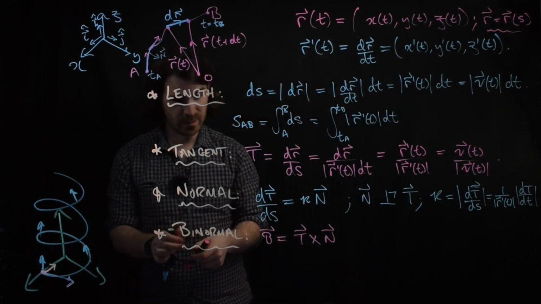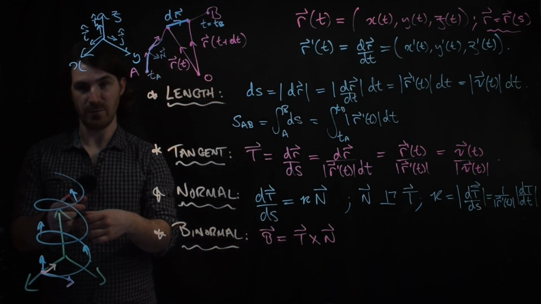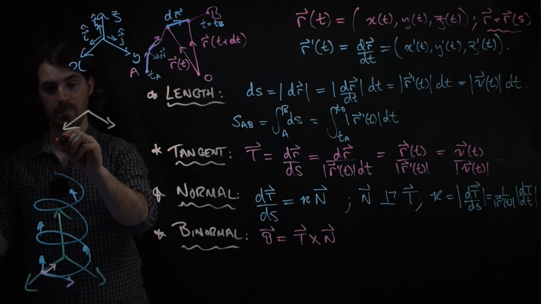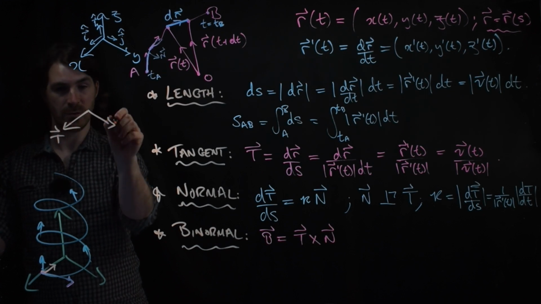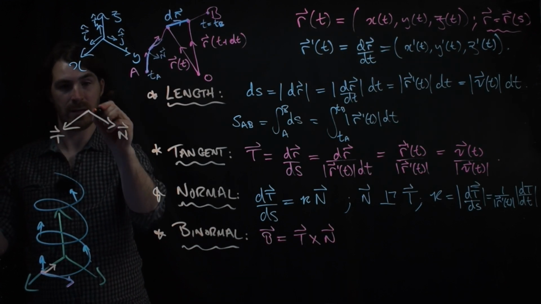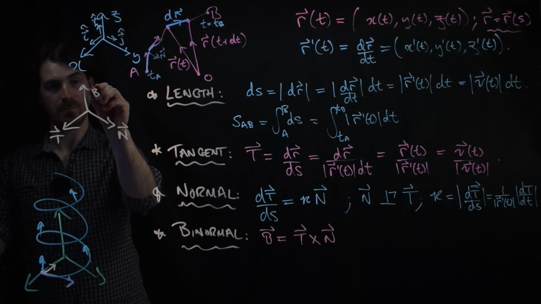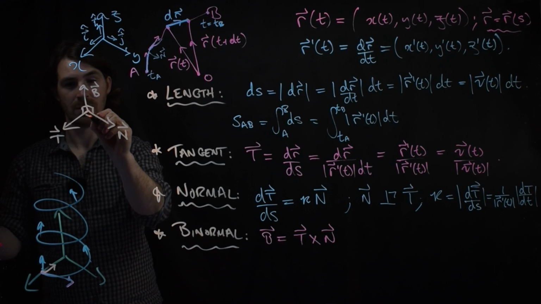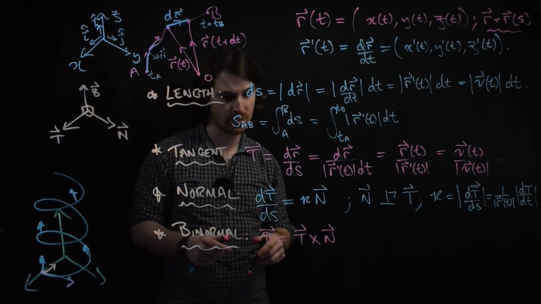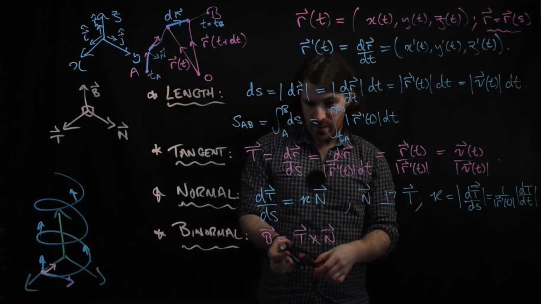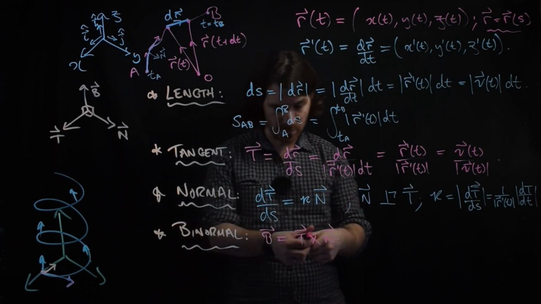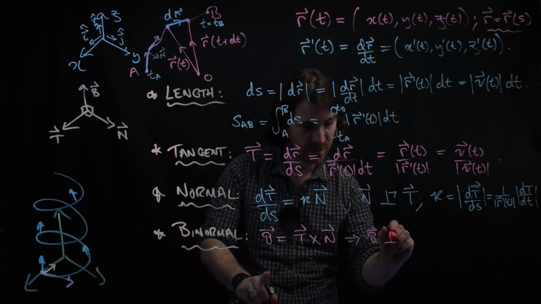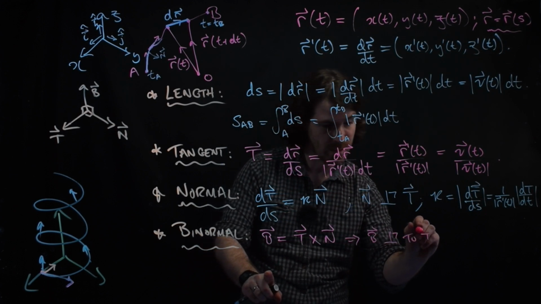So these three, t, n, and b, form a mutually orthogonal coordinate frame. t crossed with n gives you b, and these are 90-degree angles. So b is perpendicular to t and n.